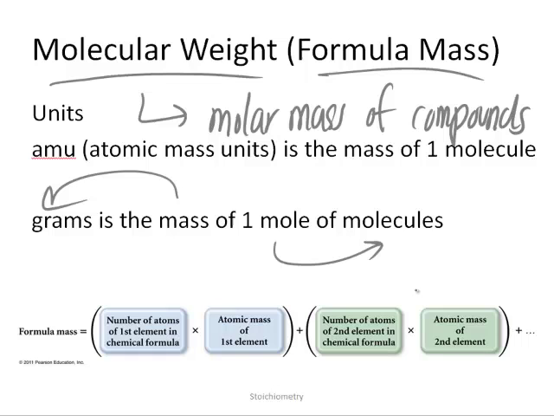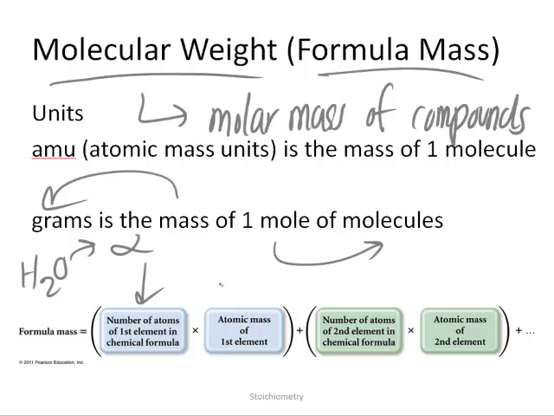So if you have 1 mole of water, you have 6.022 times 10 to the 23rd water molecules. How much do 6.022 times 10 to the 23rd molecules of water weigh in grams? Well, we have to first calculate the molar mass. And all we're going to do is apply a simple algorithm. We're going to figure out the number of atoms in the first element. So let's say that's 2 for water.